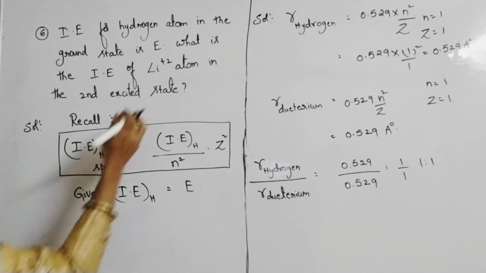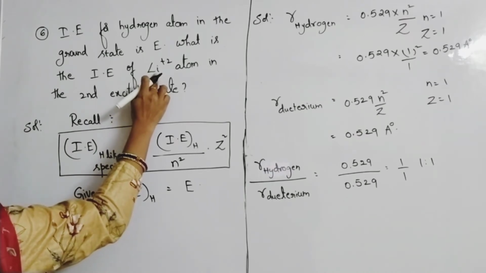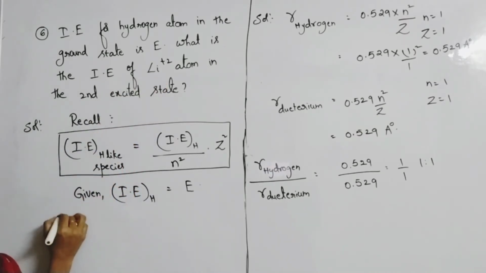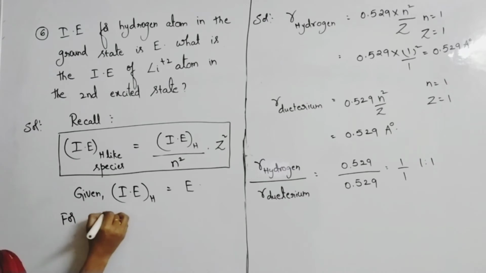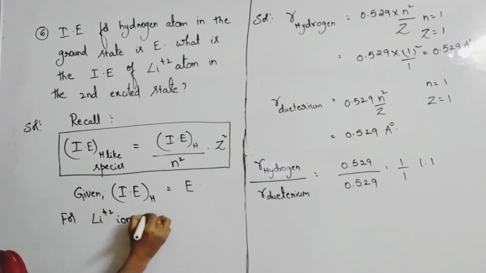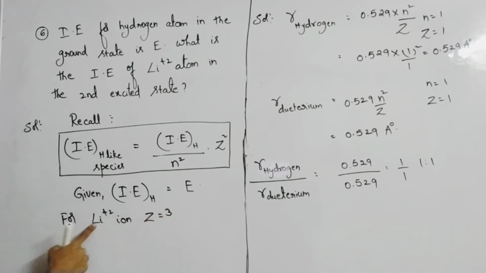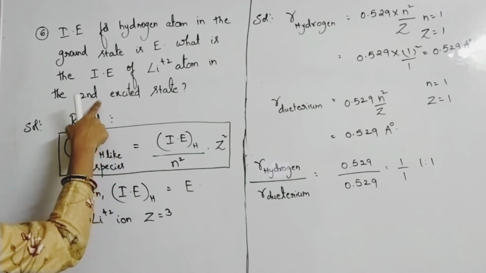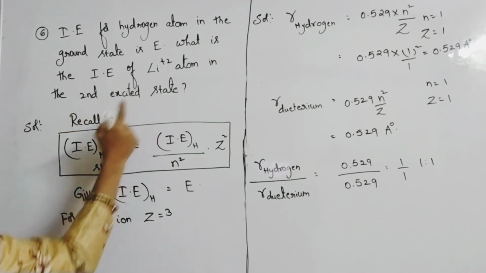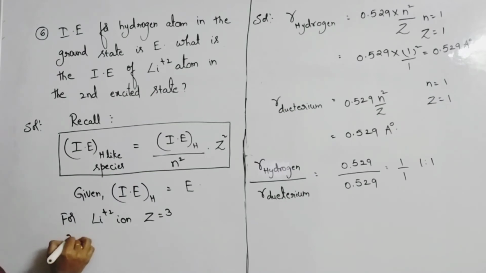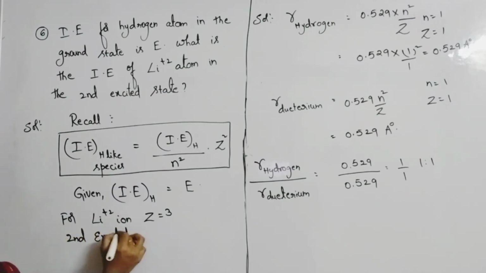Now, he is asking us to find lithium's ionization energy. For Li plus 2 ion, the Z value of lithium is 3. We know lithium's atomic number is 3. In which state is he asking us to find it? In the second excited state. You have to remember, second excited state means the N value is 3, the next energy level.